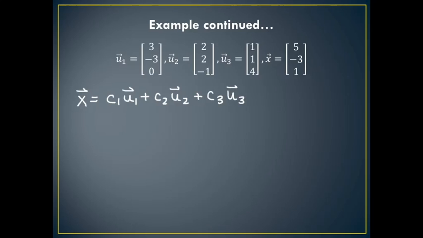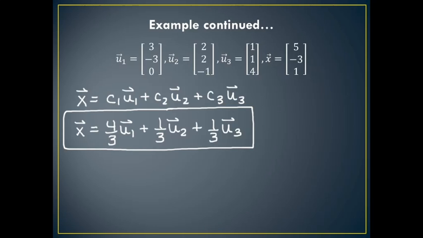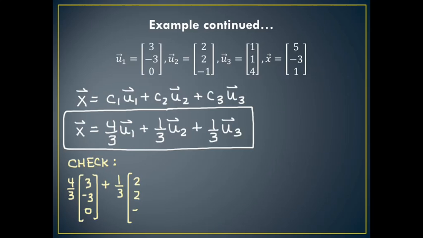Now I'm just rewriting x as a linear combination of the basis vectors, and I have my c1, c2, and c3. c1 was 4/3, c2 was 1/3, c3 was 1/3. Now I can check to make sure I actually get x. So I'm going to do 4/3 times vector u1 plus 1/3 times vector u2 plus 1/3 times vector u3.